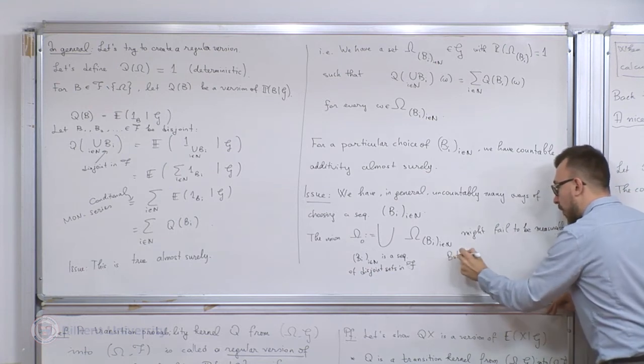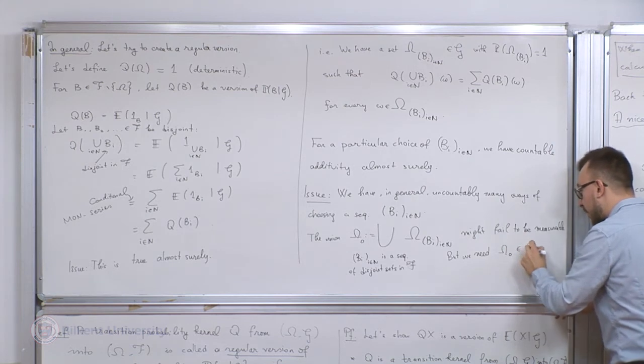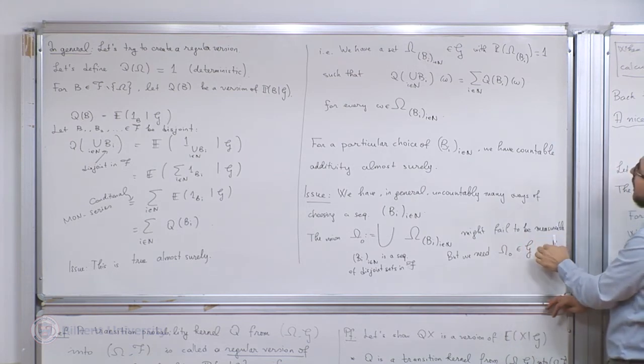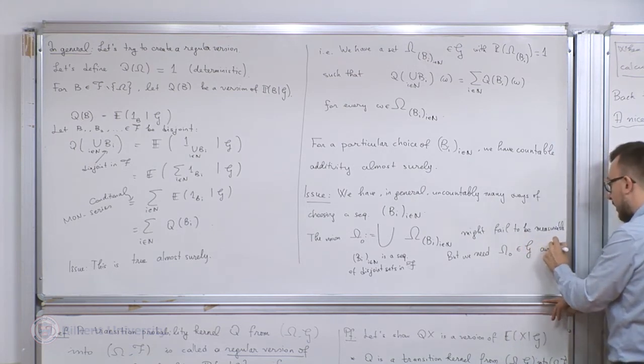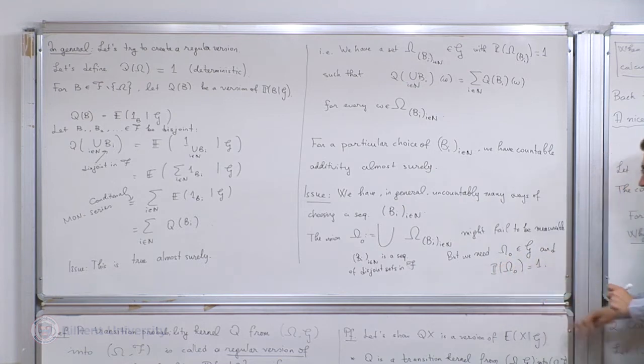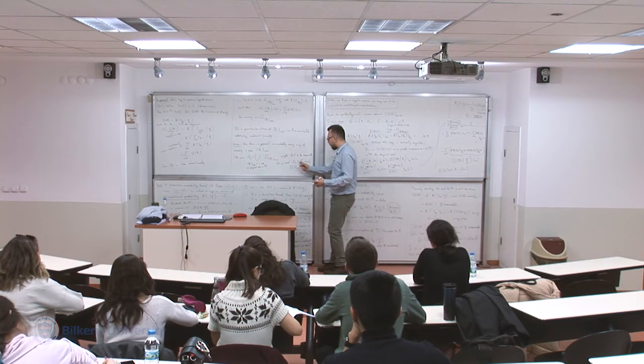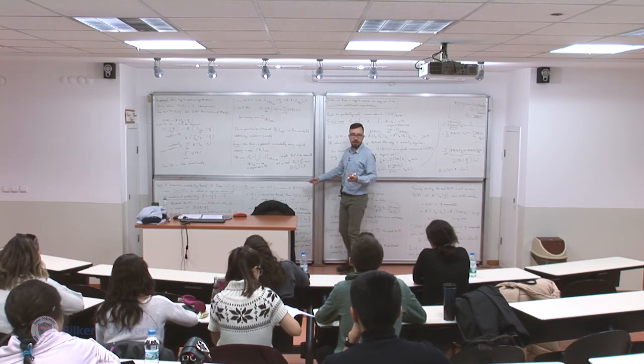But we need this to be measurable, and in fact, measurable with respect to G, and this must have probability 1. If we want to have countable additivity for all sequences, we must make sure that this is measurable and this has probability 1.